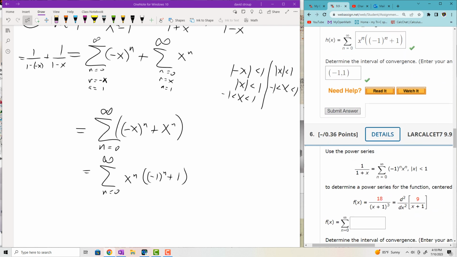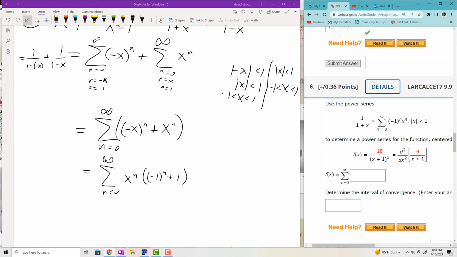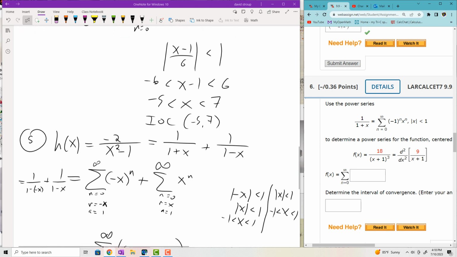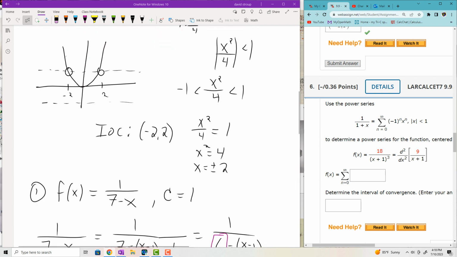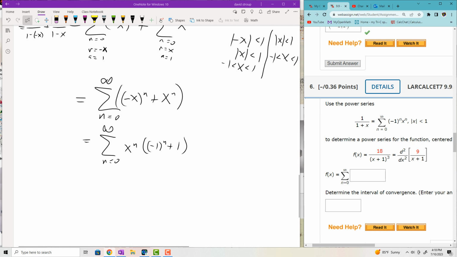Okay, great. So let's then look at number 6. So number 6, they're starting to hint at this issue. You could produce new power series from these power series that you're generating via the geometric series by differentiating or integrating. Okay. So for example, number 6, and here you're going to have to check endpoints.